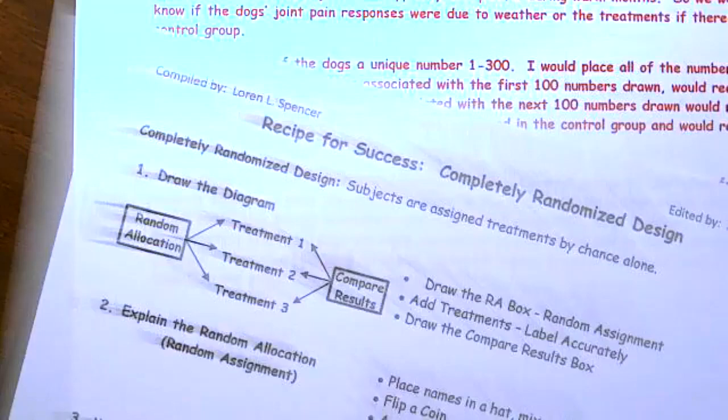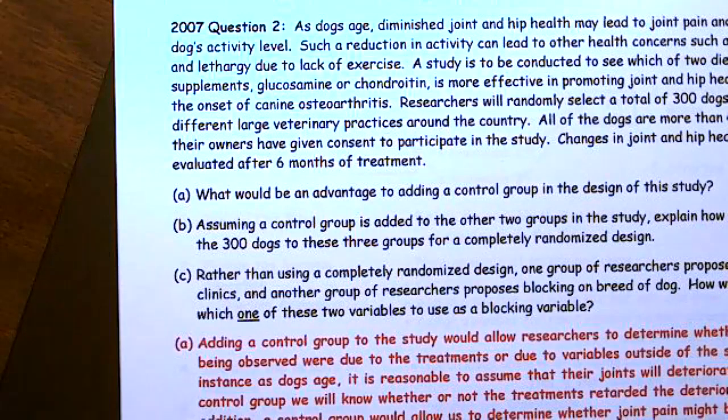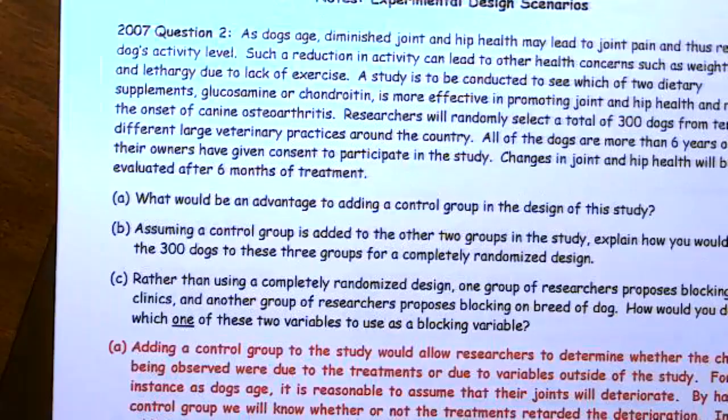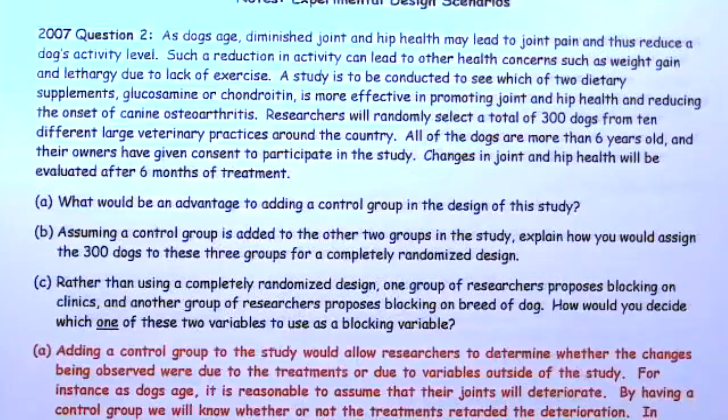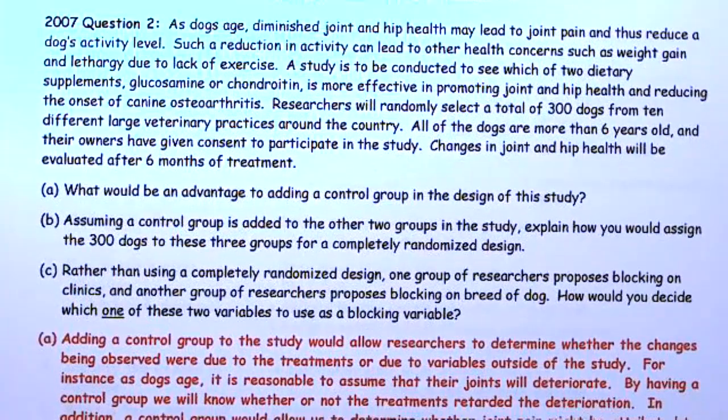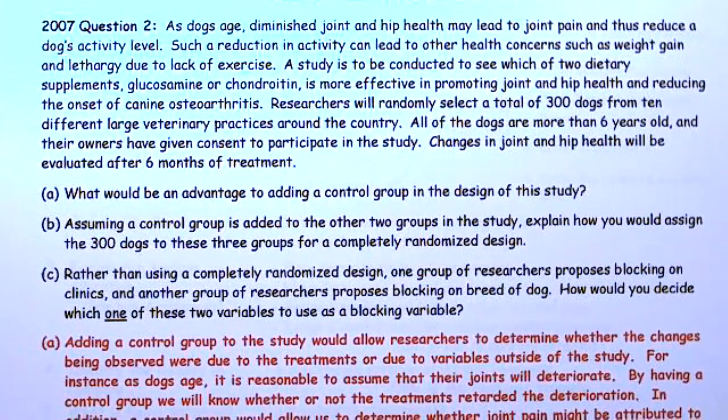So let's look at this 2007 question number 2. As dogs age, diminished joint and hip health may lead to joint pain and thus reduce a dog's activity level. Such a reduction in activity can lead to other health concerns such as weight gain and lethargy due to lack of exercise.